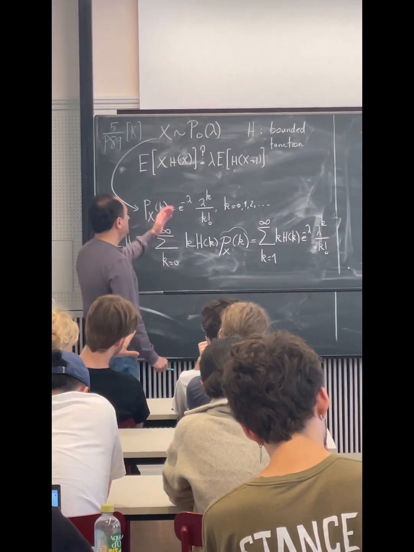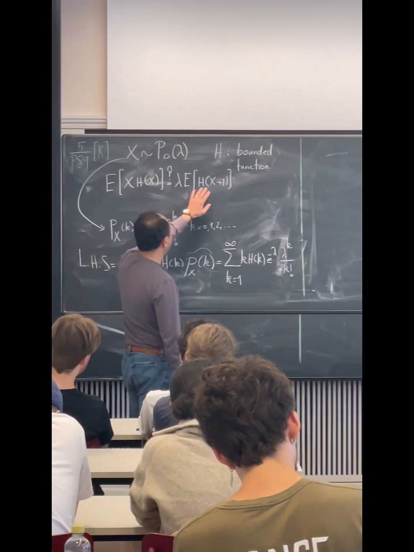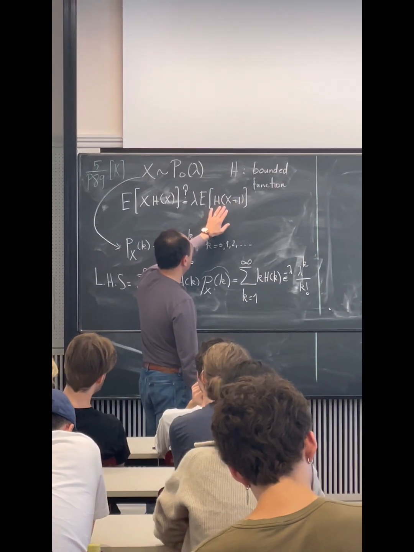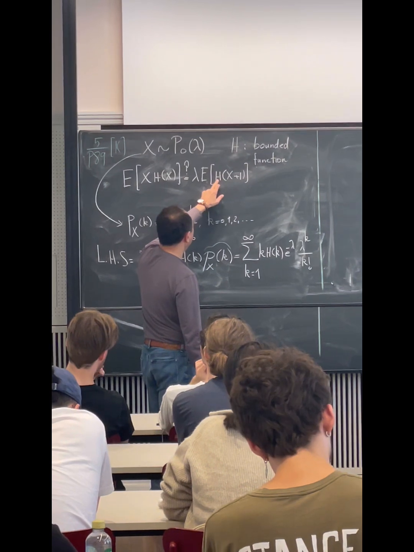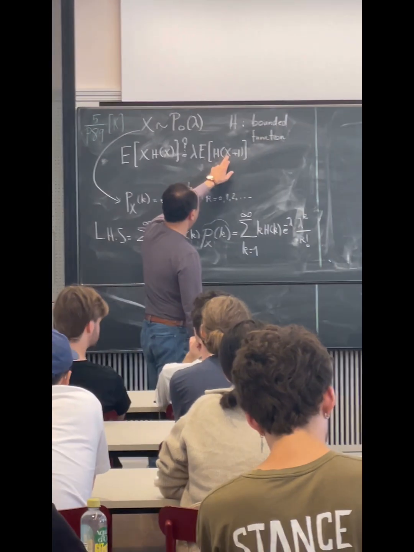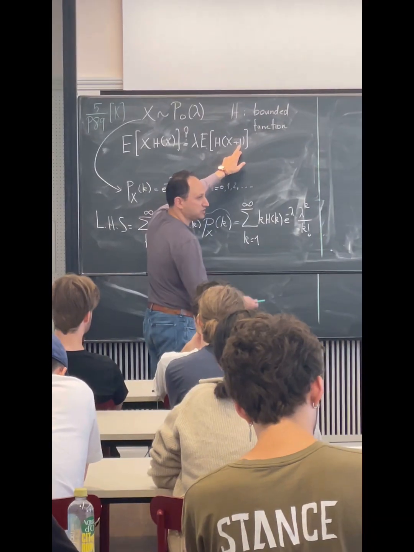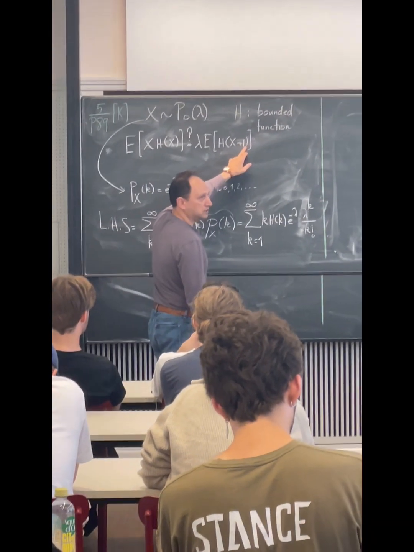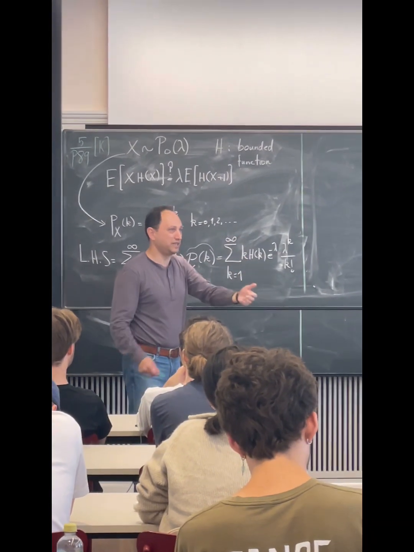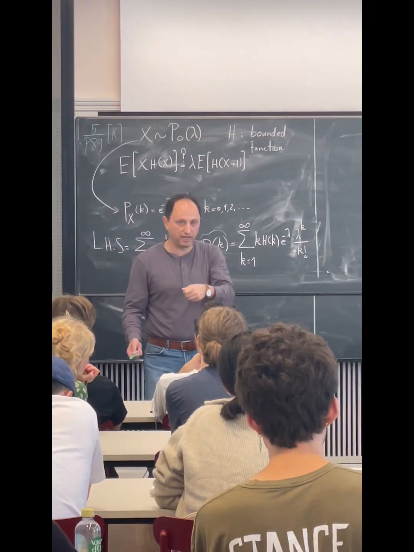And then, whenever you want to prove something, this gives you some hint or some guide. You know, here, h is not acting on x, it is acting on x plus 1. So what are the possible values for x plus 1? The possible values for x plus 1 will be k plus 1, because the values of x are k.